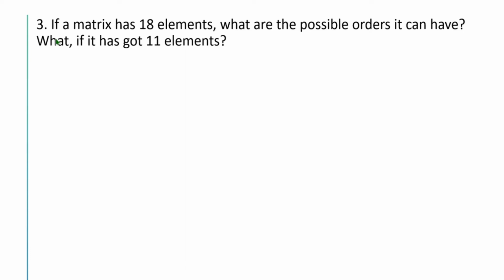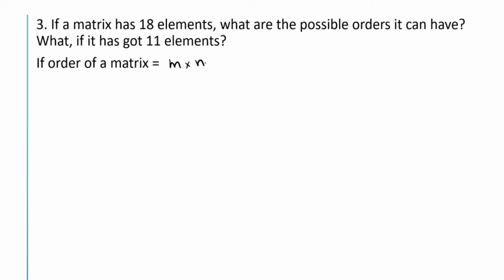Next question. If a matrix has 18 elements, what are the possible orders it can have? What if it has got 11 elements? So they have given a matrix has got 18 elements and what are the different orders it can have? So we usually represent the order of a matrix as m by n.